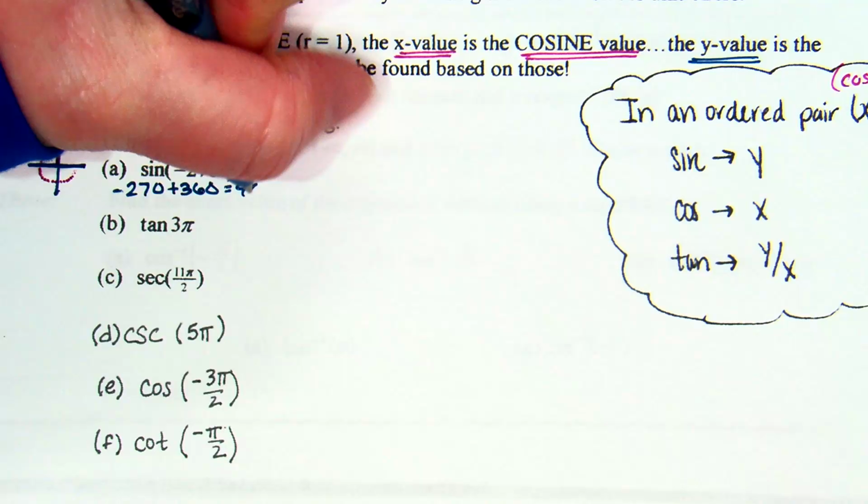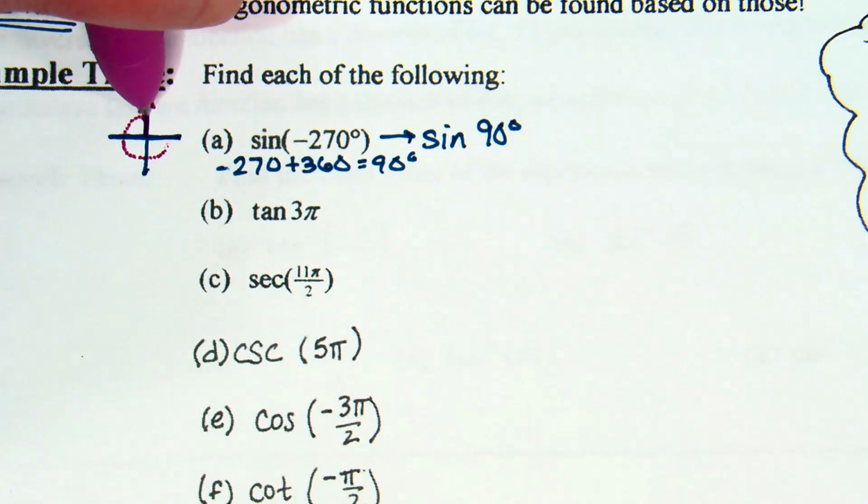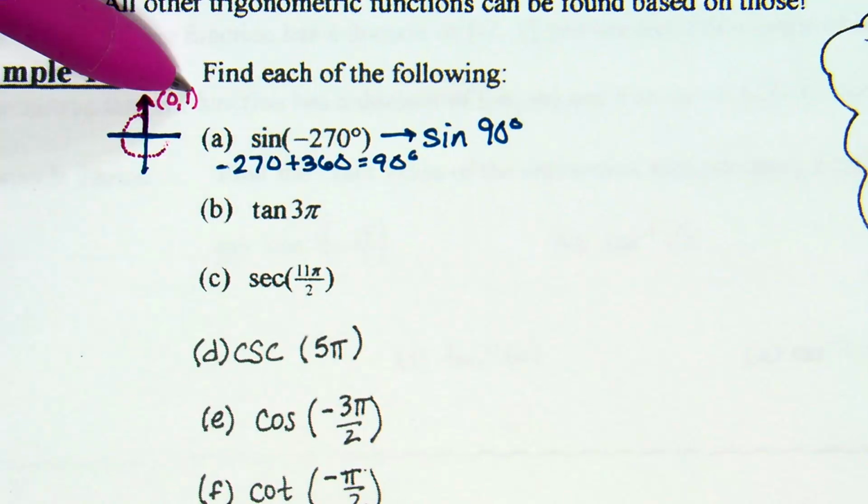What do we talk about with sine? It's the y value. And if we're looking straight up here at 90, what's the ordered pair that represents? 0, 1. Left to right, 0, up 1. So what is the sine of 90? It's 1.